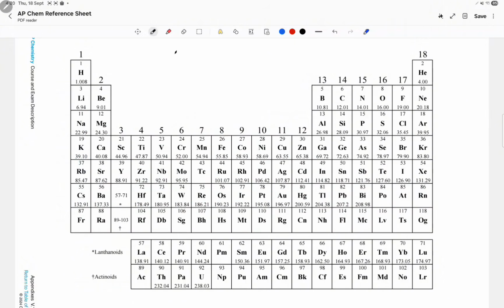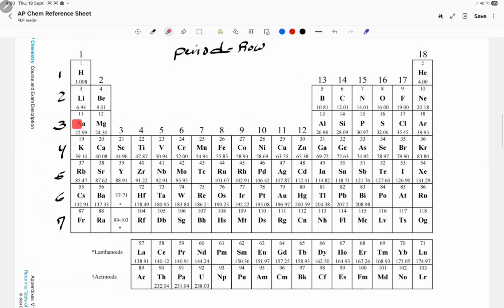There is something called a period in the periodic table, which is basically the rows, which are horizontal. We have 7 periods: 1, 2, 3, 4, 5, 6, and 7. And the number of the period tells you how many shells we have. So for example, if we're talking about elements in the 3rd period, they have 3 shells.